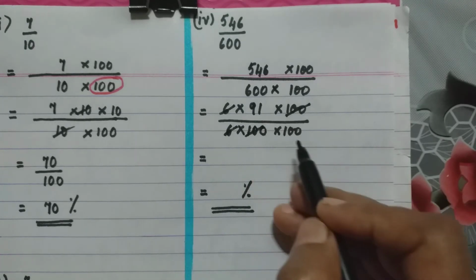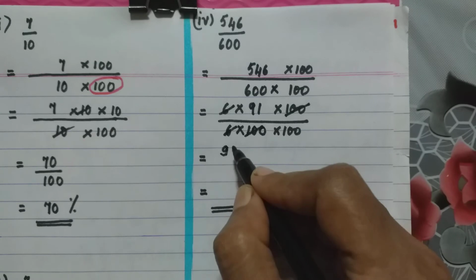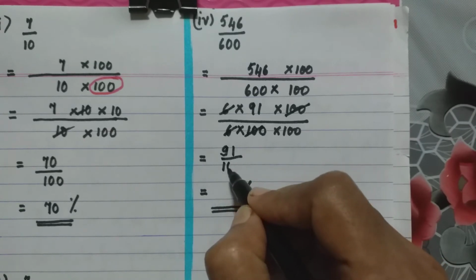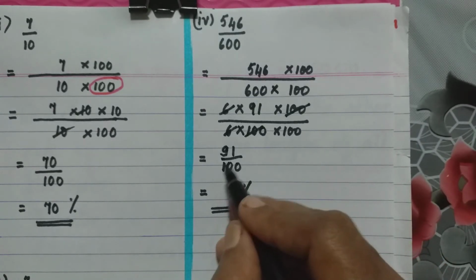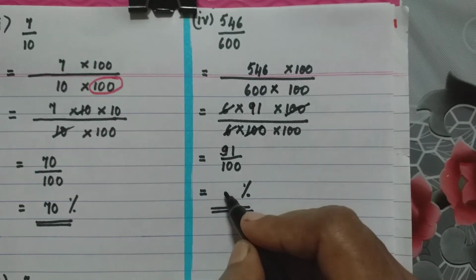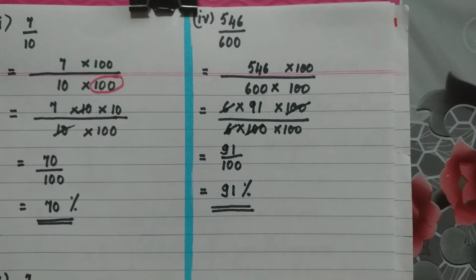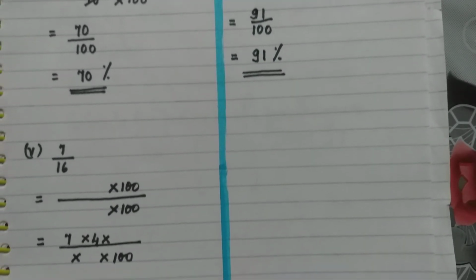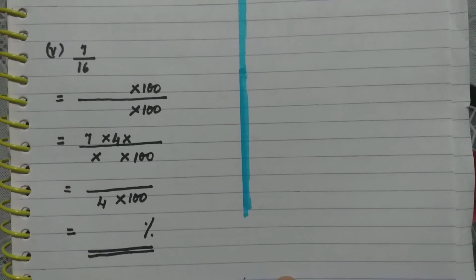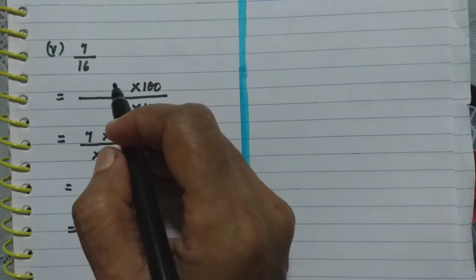We are left with 91 upon 100. And upon 100 becomes percent. So what is left? 91. So you have here 91%.